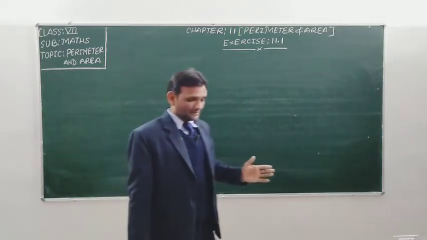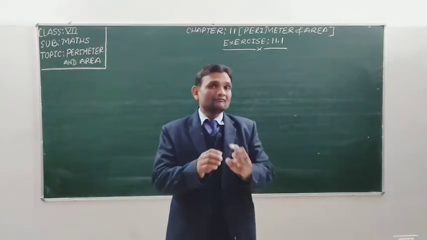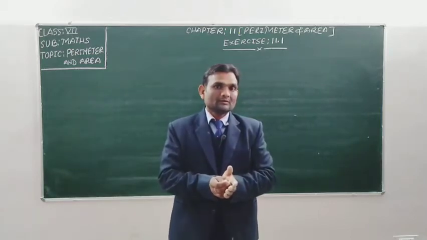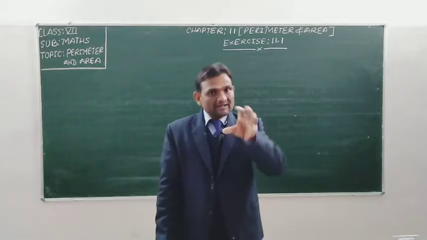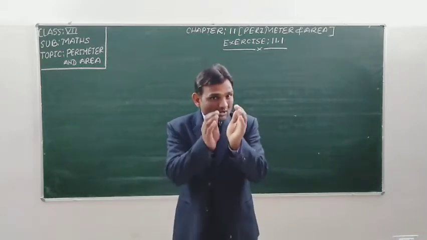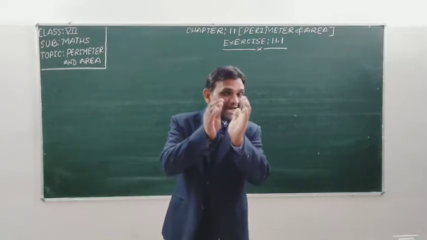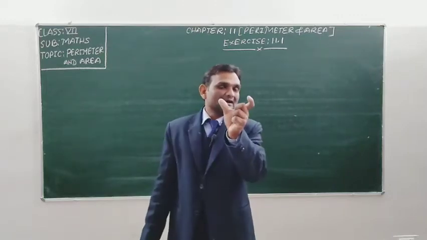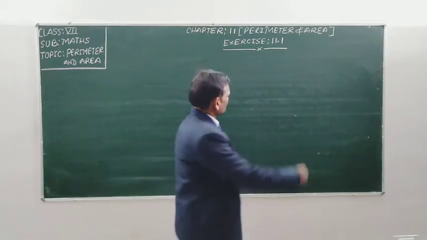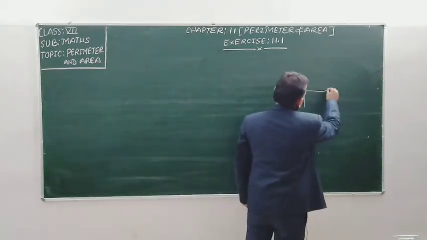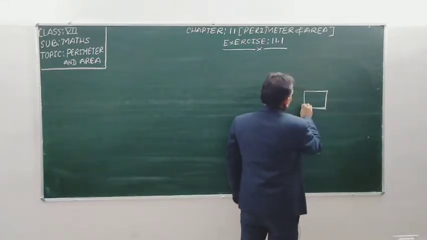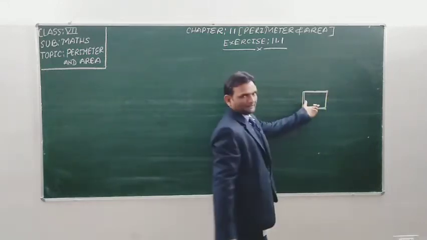Perimeter, student, the sum of the lengths of all sides of a closed figure is called its perimeter, and area, the amount of surface enclosed by that closed figure, is called its area. Suppose this is my rectangle.